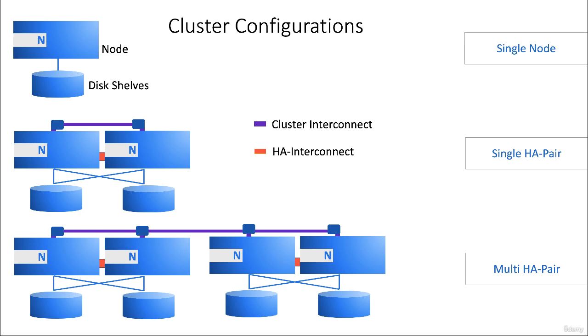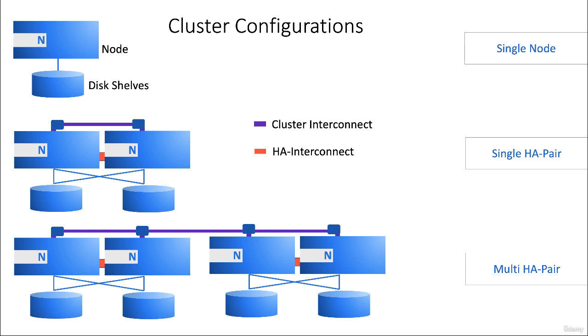This is called NVRAM mirroring, because every node has something which is called non-volatile RAM, or NVRAM, and that will temporarily store data until it is actually written to the drives. This NVRAM is battery backed, so the data in there will survive a reboot. We'll discuss this in more detail when we start talking about storing data later on.